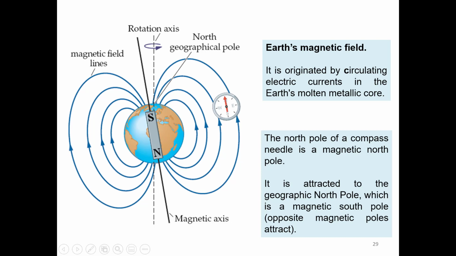This is why the North geographical pole corresponds to the South magnetic pole. And in the same way, the South geographical pole corresponds to the North magnetic pole.